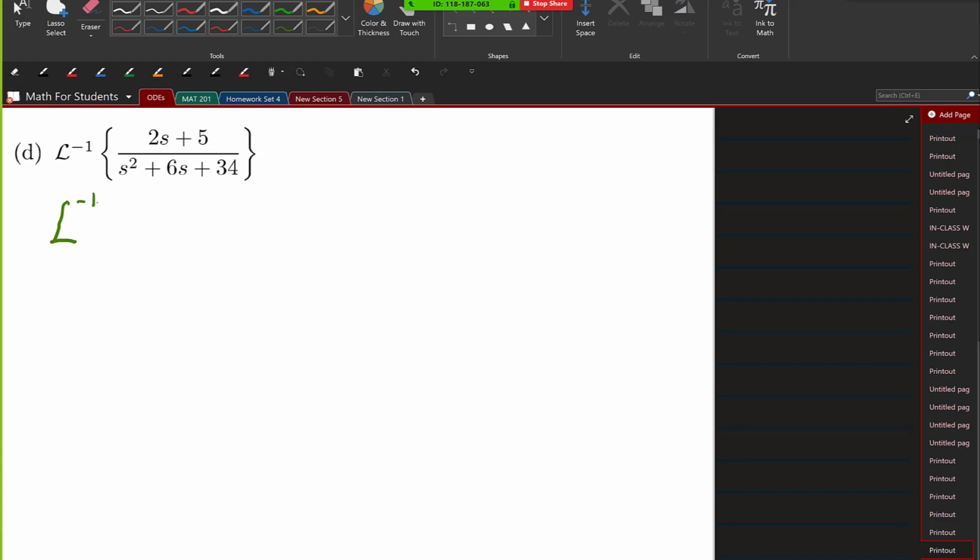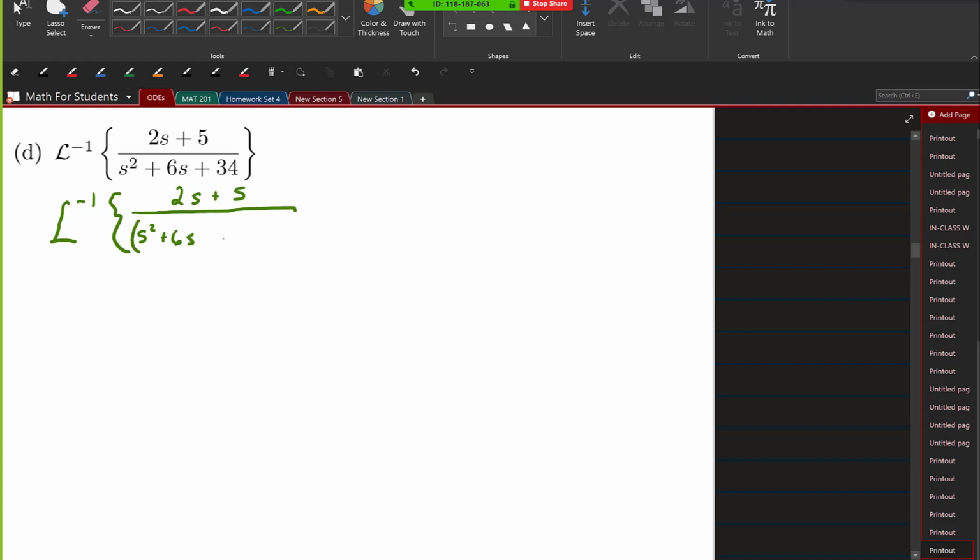So the first thing you do is you look and you say, hey, does this thing factor over the real numbers? And it doesn't because it's got a negative discriminant. The quadratic in the denominator has a negative discriminant. So it's not going to factor over the reals. So I'm going to try to complete the square sitting inside there. So let's do that. Completing the square sitting inside here gives me s squared plus 6s.